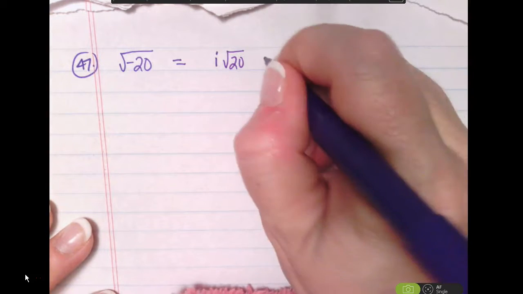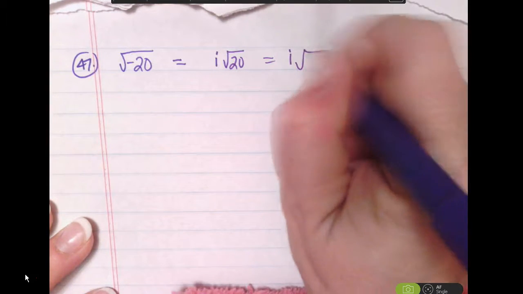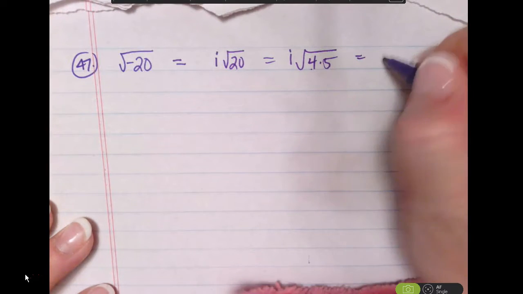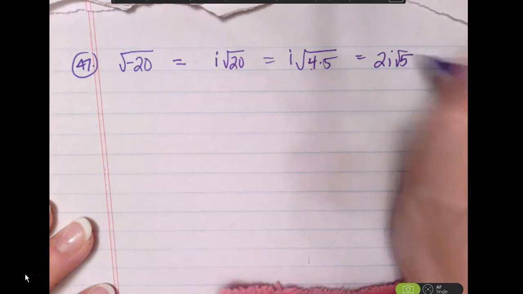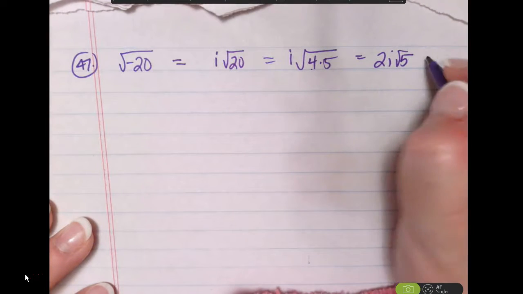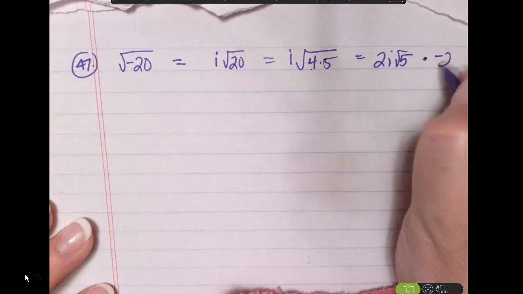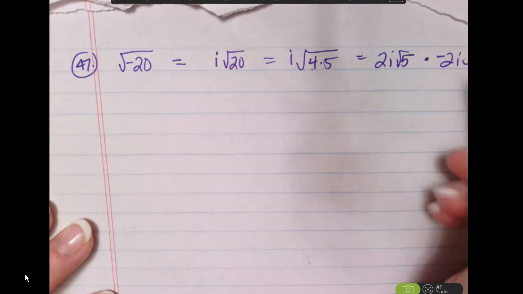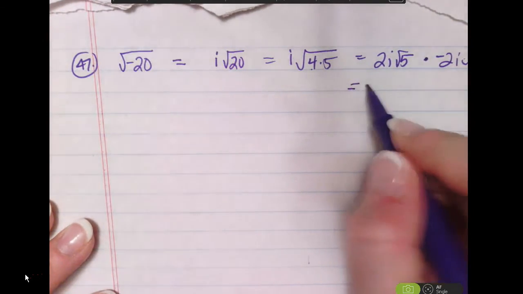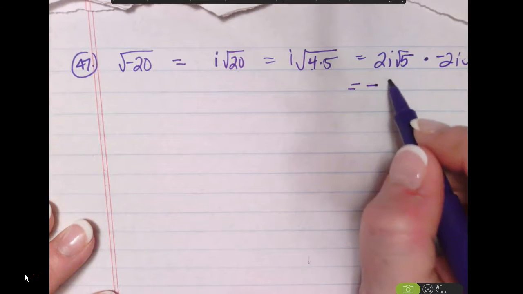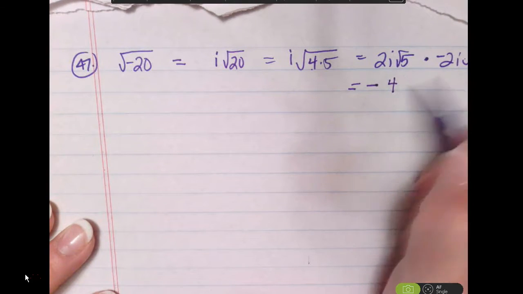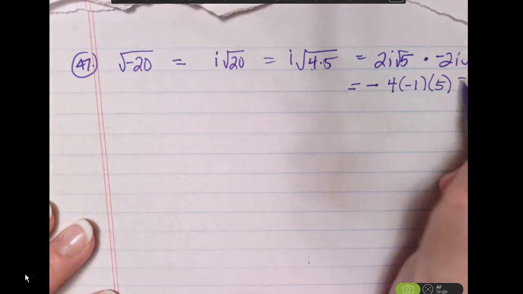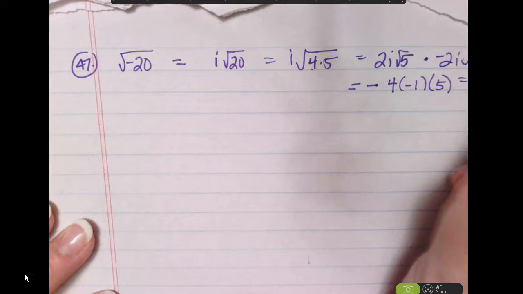Then I'm going to simplify my radical 20, which is 4 times 5. And the square root of 4 is 2, so I could pull that out. So I'm going to call that 2i radical 5. Then the conjugate is negative 2i radical 5. So positive times negative is negative. 2 times 2 is 4. i times i is negative 1. Radical 5 times radical 5 is 5. So that equals positive 20.